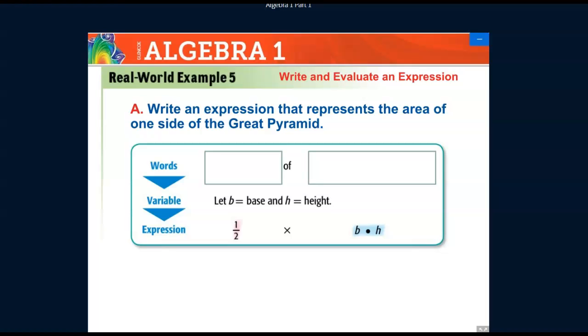So the first thing we want to do is take what we just read from words and put it into a mathematical problem. It says, write an expression that represents the area of one side of the pyramid. So the pyramid would have 4 sides, and we want to find the area of one side.